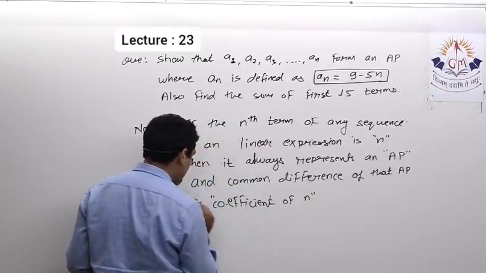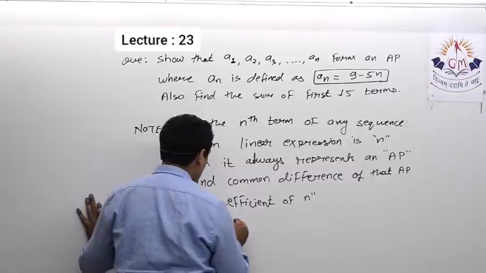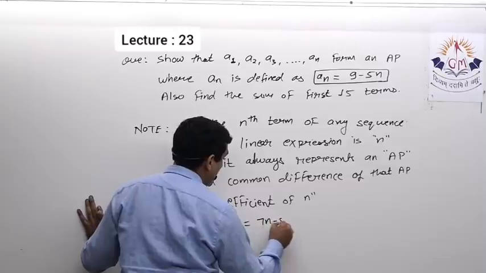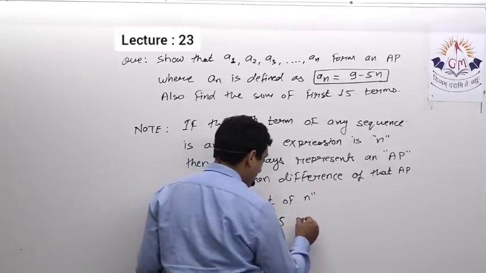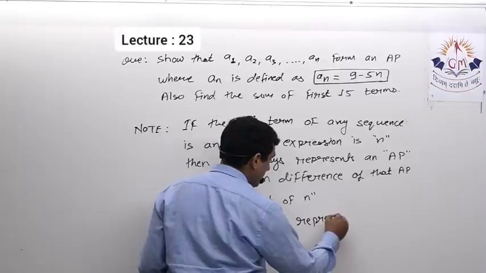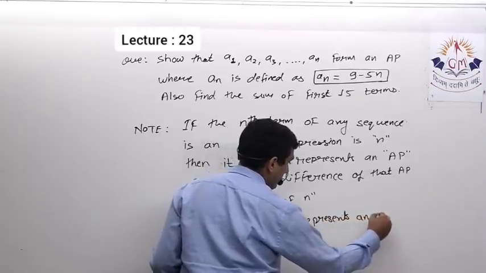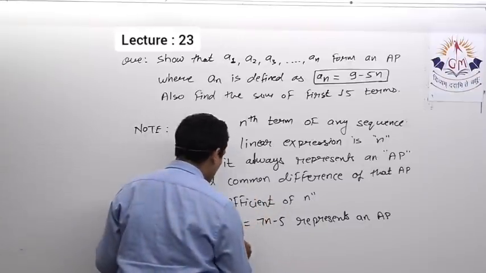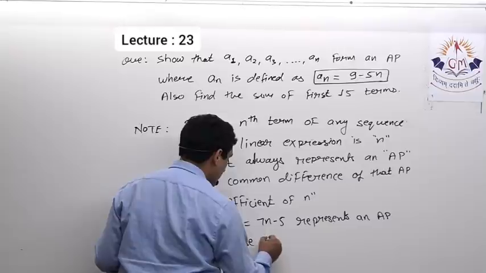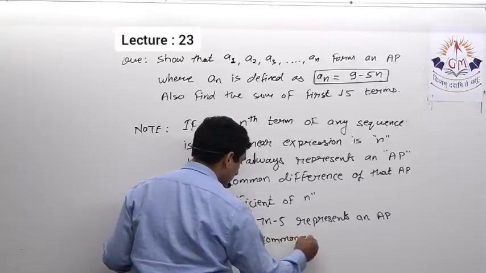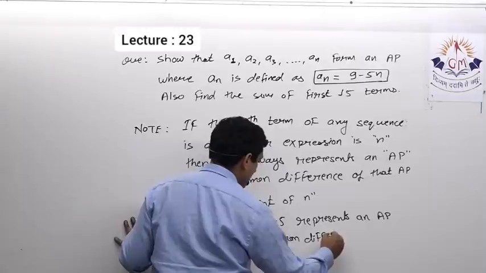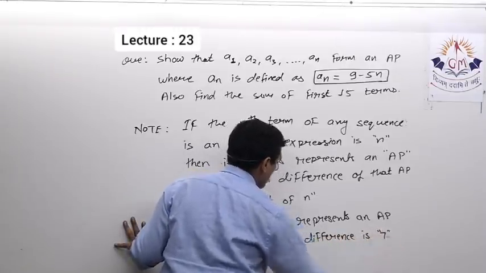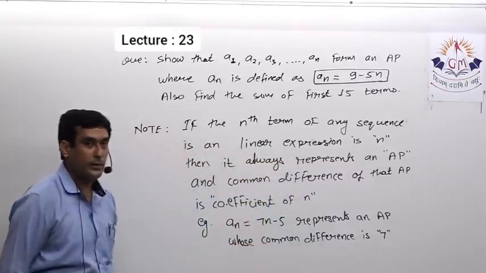You can take one example. an is equal to 7n minus 5 represents an AP. Why? Because it's a linear expression in n. It represents an AP whose common difference is 7, because the coefficient of n is 7.